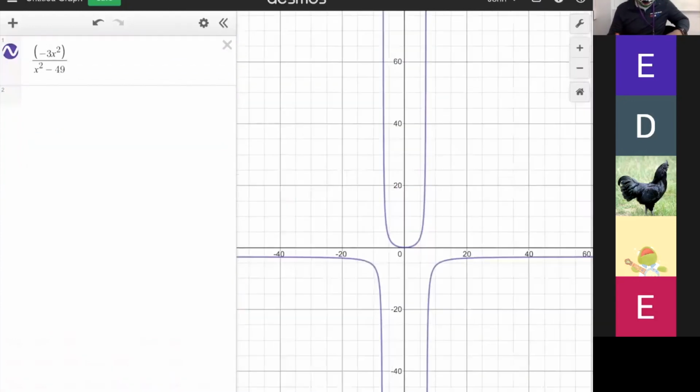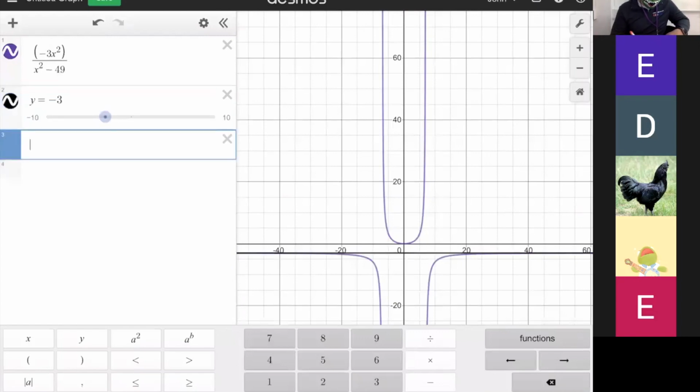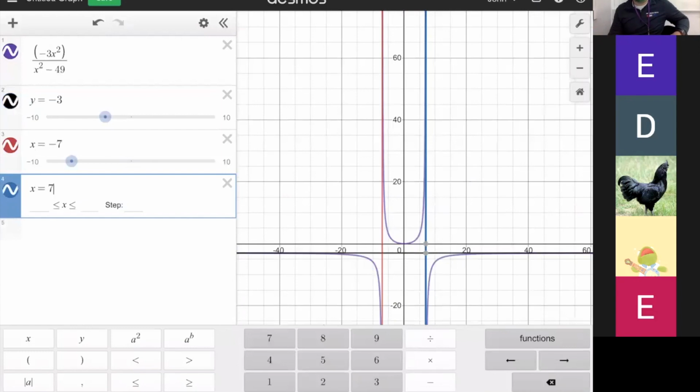So it's hovering around the line y equals negative 3. And there's vertical asymptotes at x equals negative 7 and x equals positive 7. And you see those lines forming. You see how the graph is basically built around those lines. Right? Those are the asymptotes. Those contain the graph.